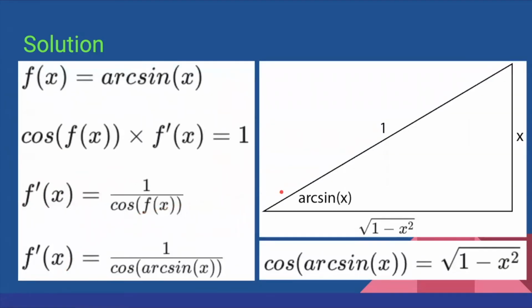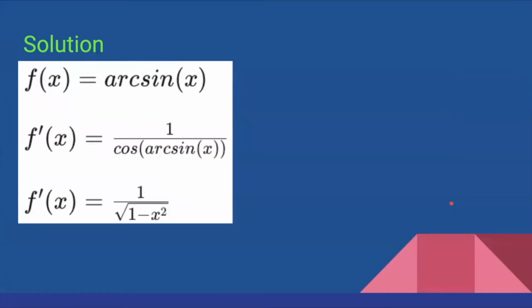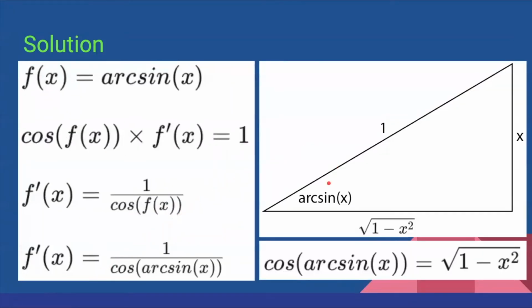Okay, and then to simplify, you divide both sides by cosine of f of x. So then you get this, and then you plug in f of x equals arc sine of x. All right, and you draw the right triangle. So this angle right over here is arc sine of x.